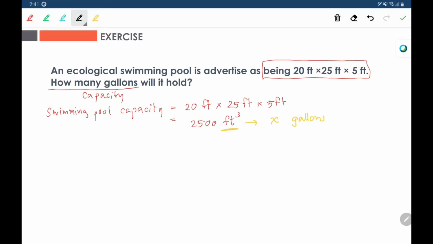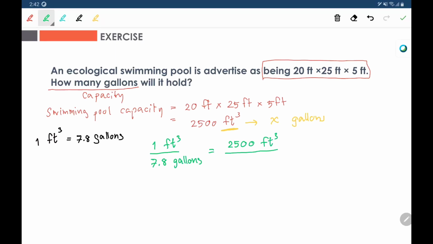And from the previous slide, we know that 1 cubic foot is equal to around 7.8 gallons. So you can make the proportional of this as 1 cubic foot is 7.8 gallon. So what is 2,500 cubic feet in gallon?